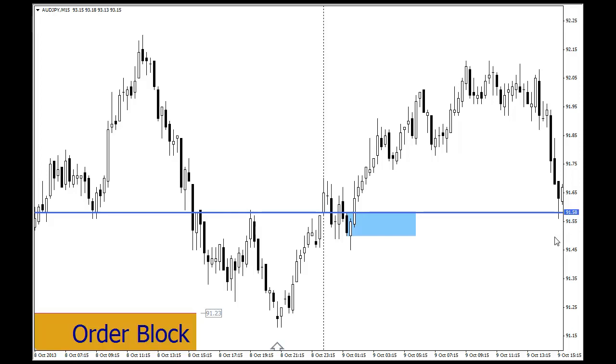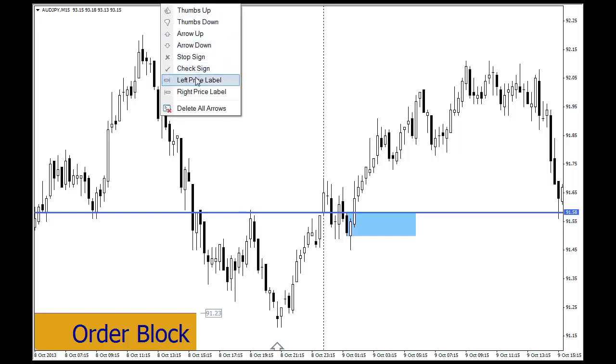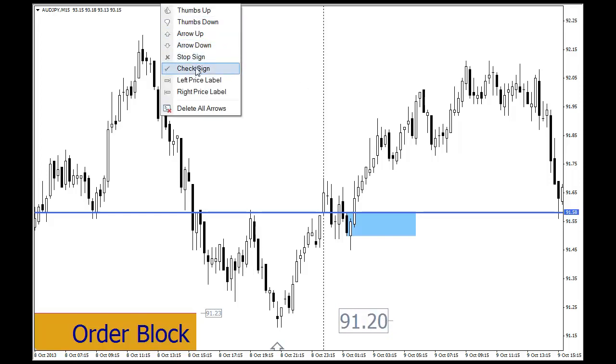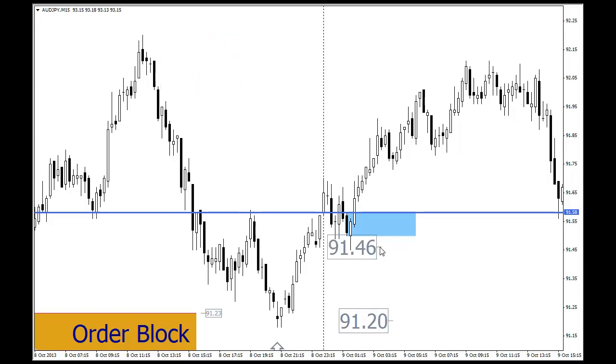The 20. So we're going to look at 2 reference points there. We're just going to be building upon our understanding of how to find the range. We have 91.20 and 91.50.